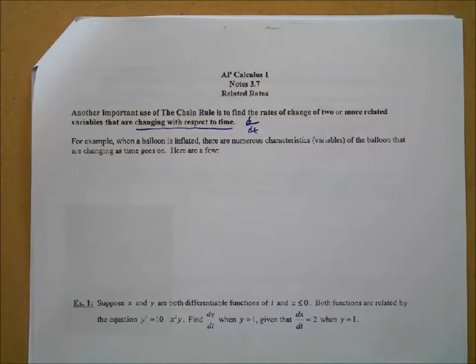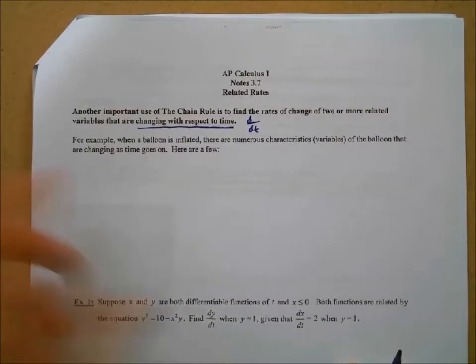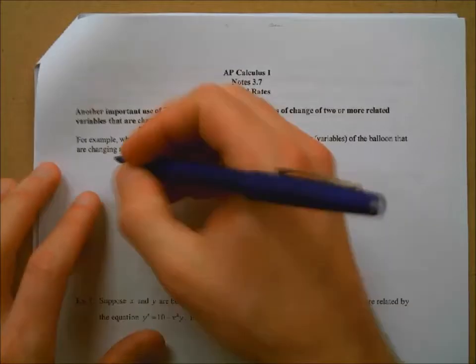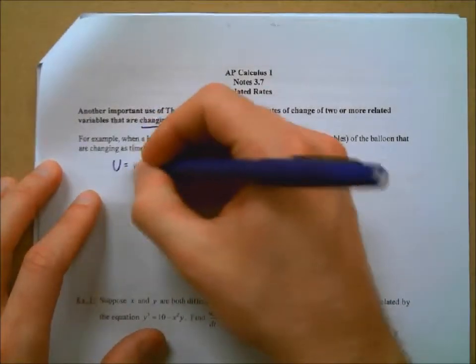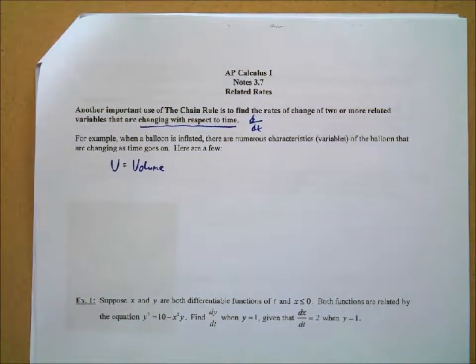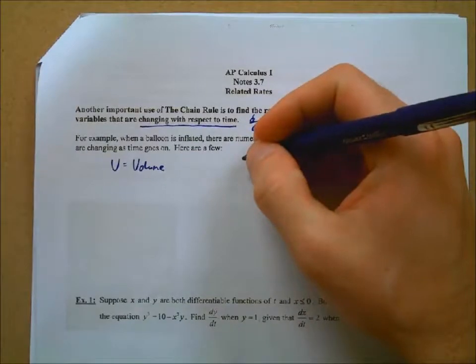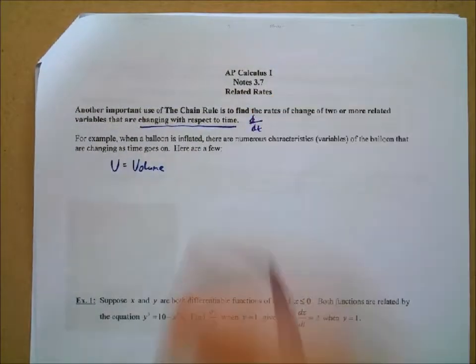So when a balloon is inflated, there are numerous characteristics or variables of the balloon that are changing as time goes on. One thing that's going to be changing, if the balloon's being inflated, is the volume. Do we remember what the volume formula is for a sphere? It's 4/3 pi r cubed. 4 pi r squared is the surface area.